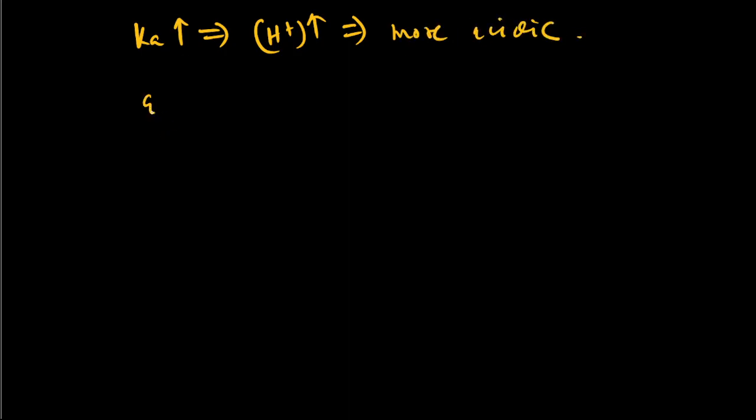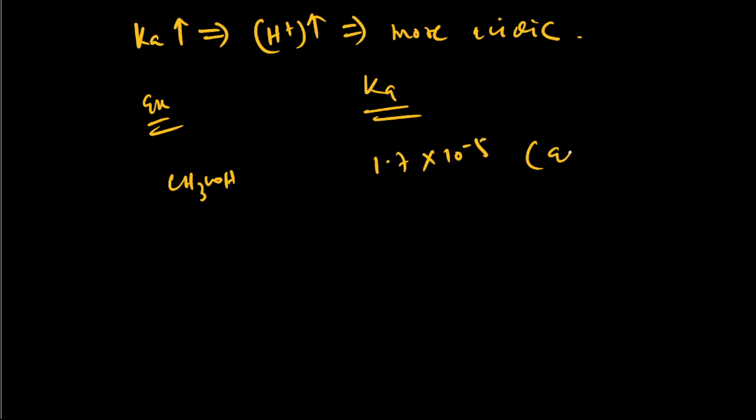Let us take an example. If the Ka value is given, suppose for CH3COOH it is 1.7 into 10 raised to minus 5. I am taking approximate values just for understanding.